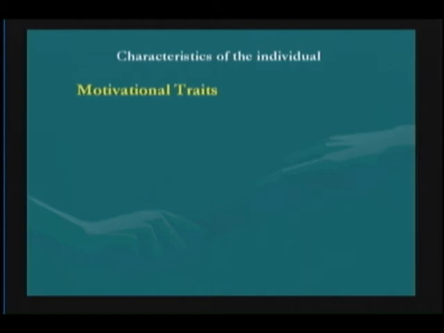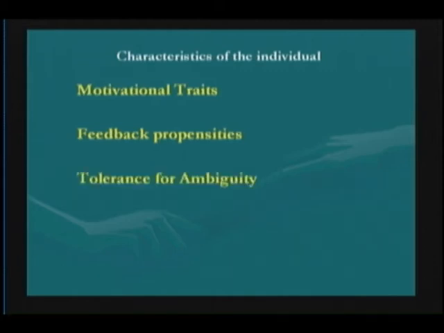The first characteristic of the individual that we would like to talk about are motivational traits. These are a subset of personality which generally represent tendencies that people have toward where they would focus their attentional resources. The next characteristic would be feedback propensities. And these are tendencies individuals have in regards to receiving feedback from their leader. The third is tolerance for ambiguity.